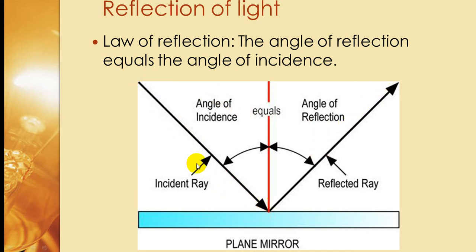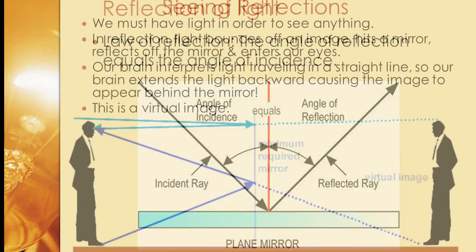So this angle of incidence, based on this make-believe middle line right here, from here to here will equal the angle of reflection, okay? So if I move this, this will move. All right, that probably seems intuitive. And in our lab today, I'll show you how the incidence comes in and the reflection goes out. Okay, so that's a law.